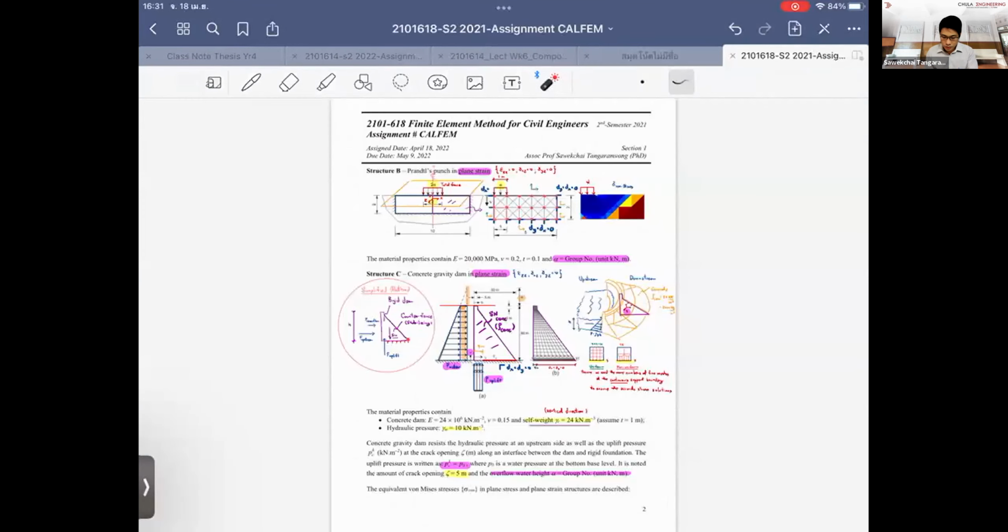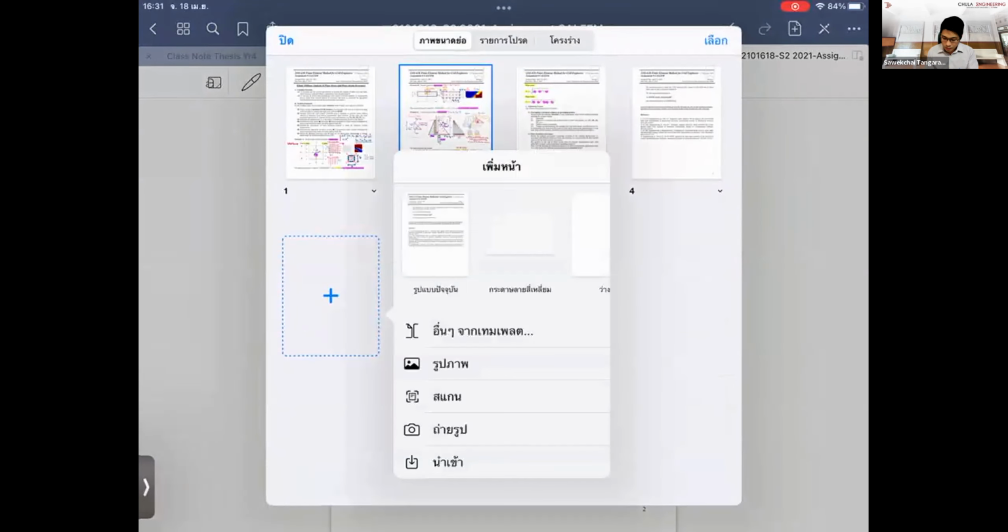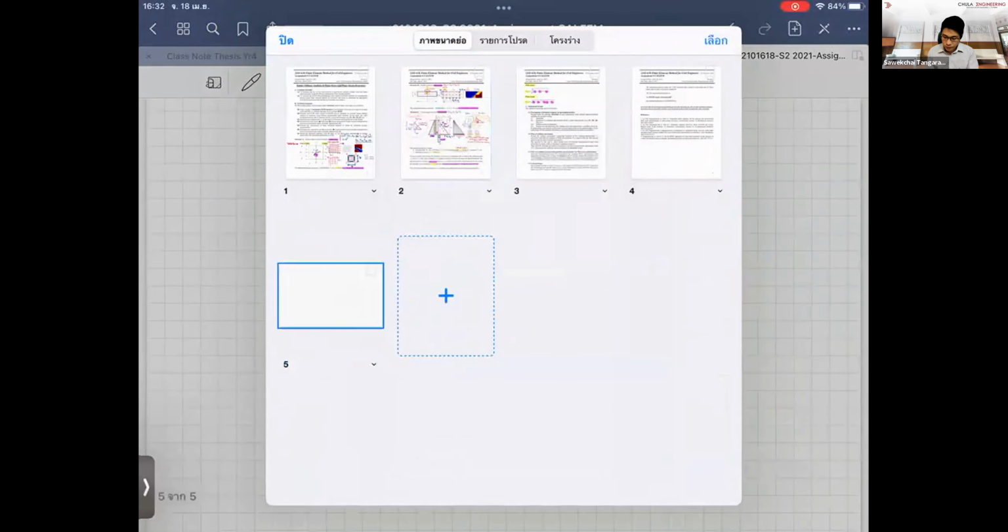Otherwise, I might just continue on this. Easier. Good.